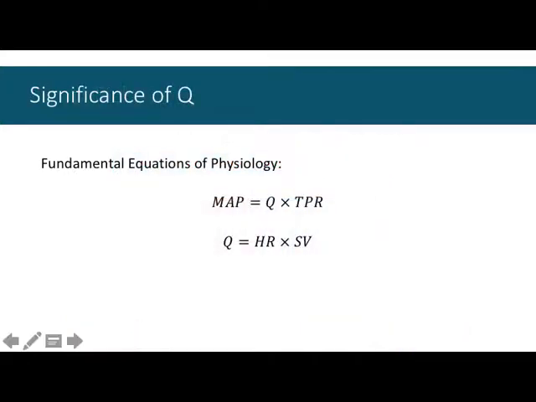So what's the significance of doing this? We've alluded to this already, but we have some foundational equations of physiology. And we can fairly easily, depending on how practiced you are with the blood pressure cuff, measure mean arterial pressure. It's really easy to measure heart rate if you can count and keep time, or if you're wearing a heart rate monitor.